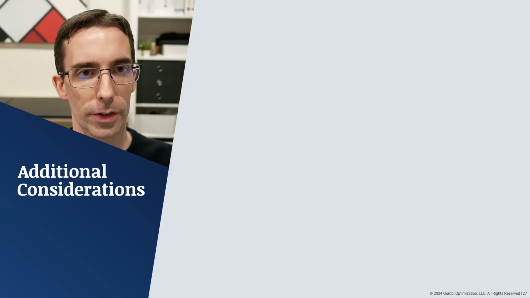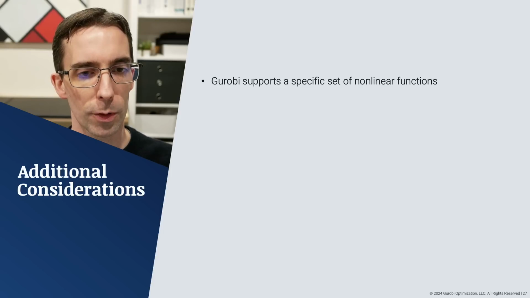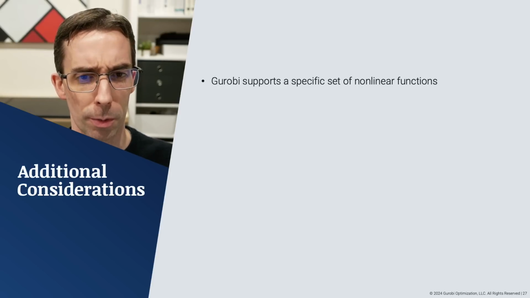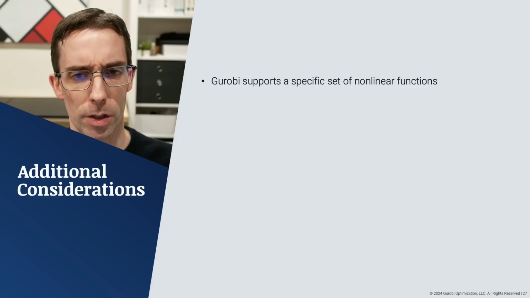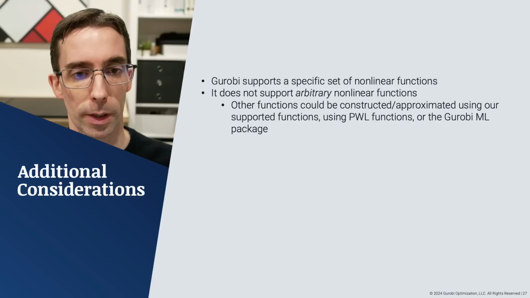Let us conclude this section by reviewing a few subtleties of using Gurobi Pi to implement your nonlinear models. A first point is that Gurobi supports a specific set of nonlinear functions. It's a pretty long list, and you can use these to build compound nonlinear functions, offering you a wide range of expressive flexibility.